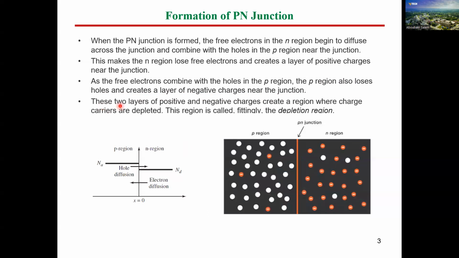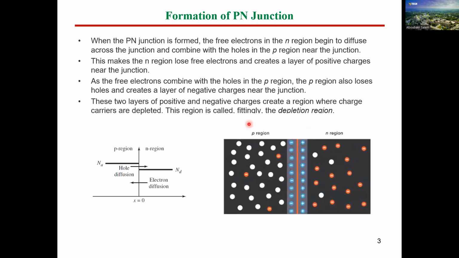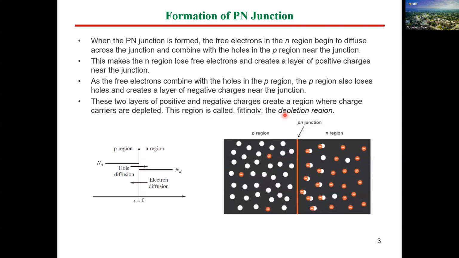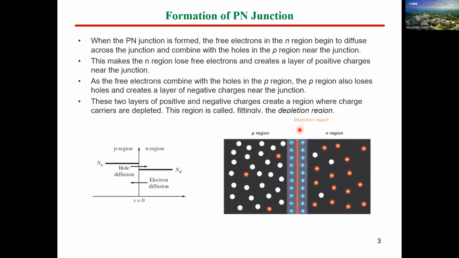So the two layers of positive and negative charges create a region where charge carriers are depleted. This region is fittingly called the depletion region. Again, this depletion region will not allow any current to flow. You have to break this region first.